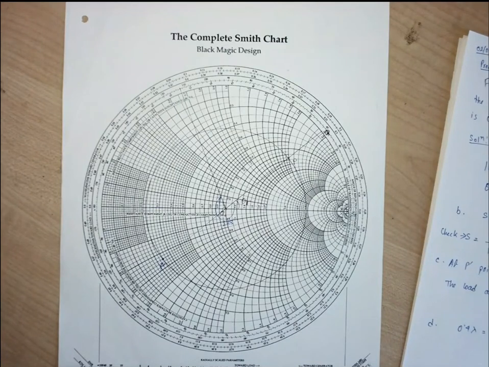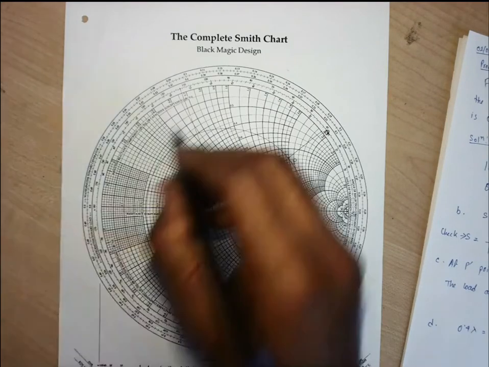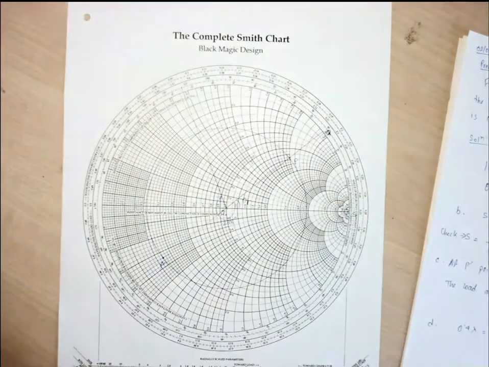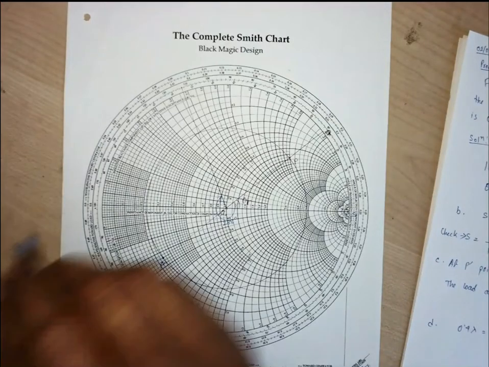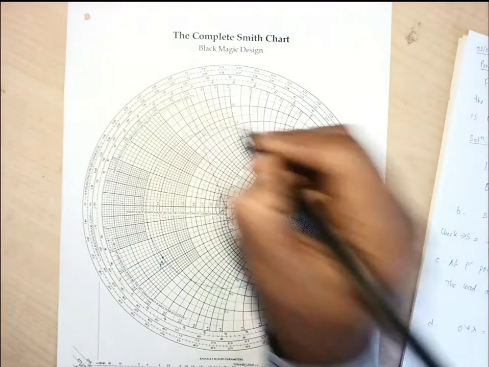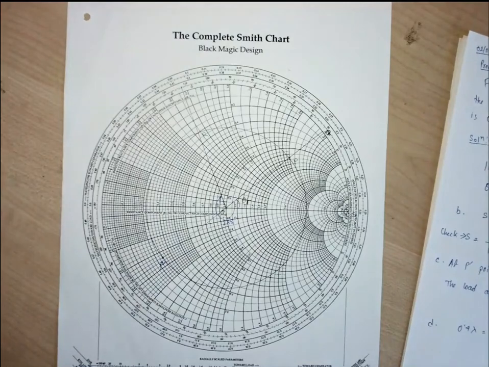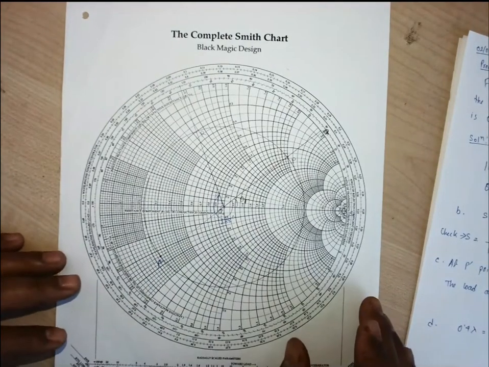So at this point we need to find out our load point. So this is the point. So let us put some name for this. Let us consider it is R. So let us find out what this point is.